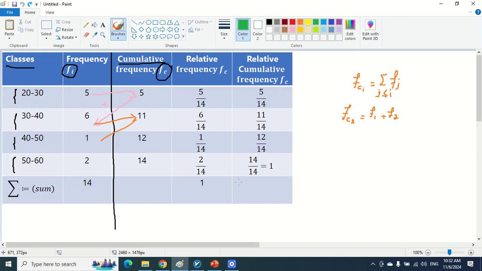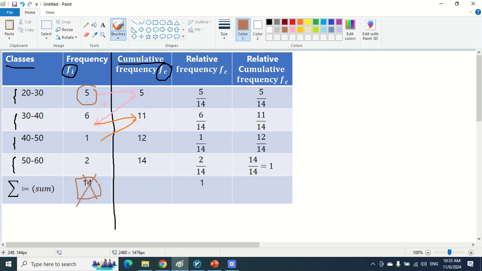If we take a look over here, there are some advantages and disadvantages. For example, when we discuss the frequency of one class, for example 5 only, without knowing the total frequency, when we know only the frequency over here, it doesn't give you any information about the whole or entire population.